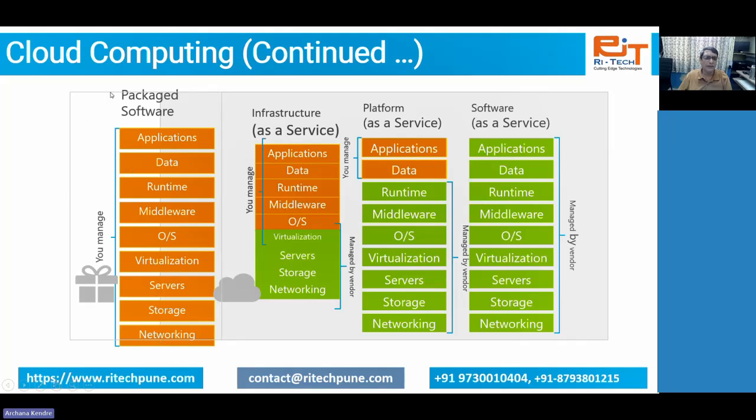In the traditional way of deploying applications, you need to do all the activities in this stack, from networking to application. And there are many hidden factors you need to worry about, such as backup and security. Besides that, you need to worry about the cooling and the physical security of your infrastructure. You need to worry about a lot of things if you host your application on traditional servers inside your office.